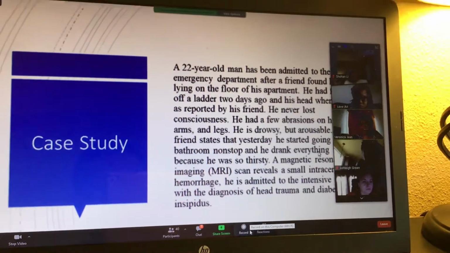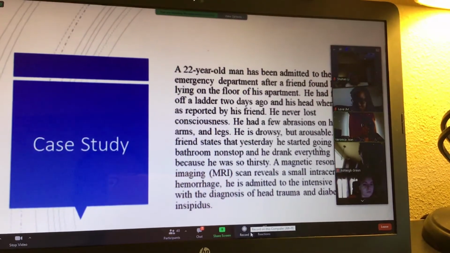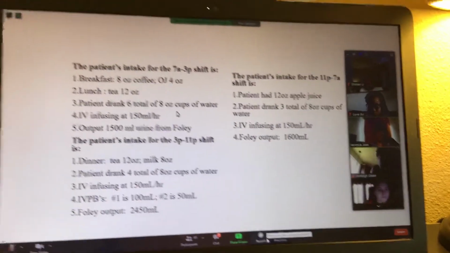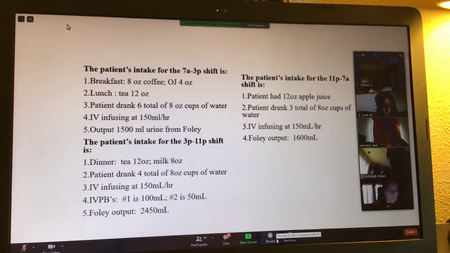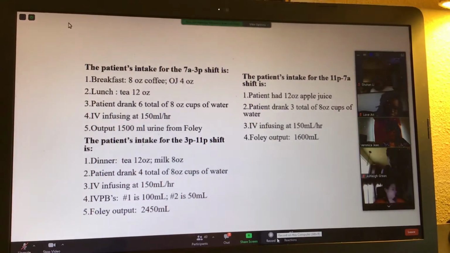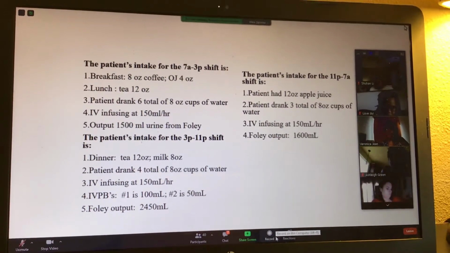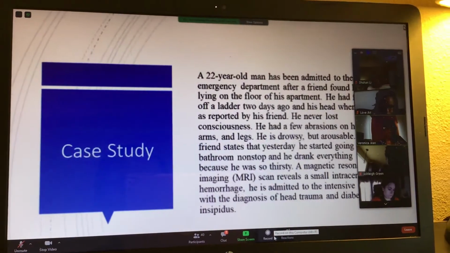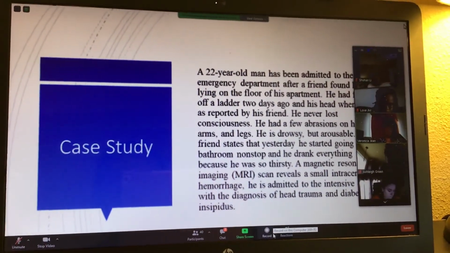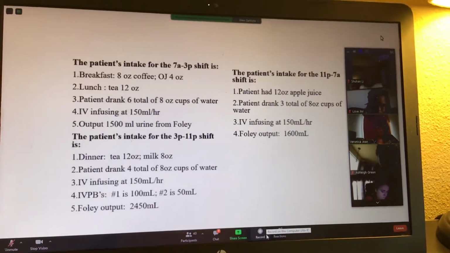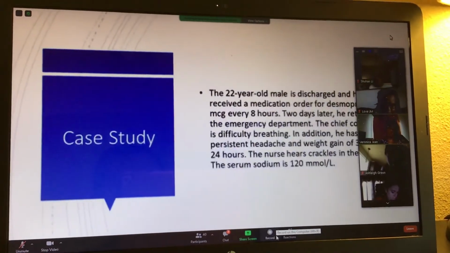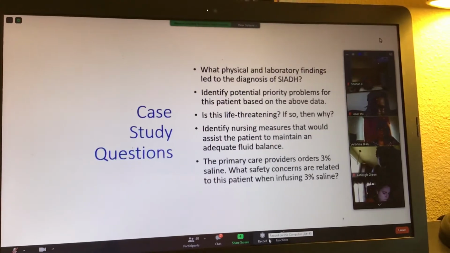Let me see if I can increase. Let's see. Oops, didn't want to go there. It's overly sensitive. All right, I think this is the one I want to be on. Good, you already saw the answers.